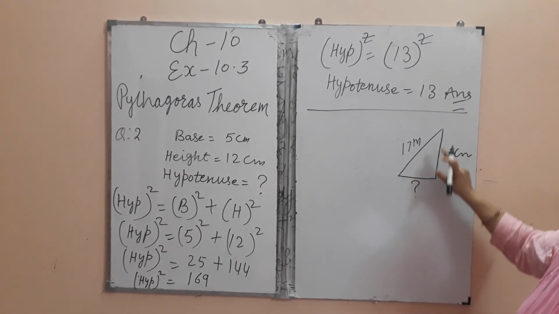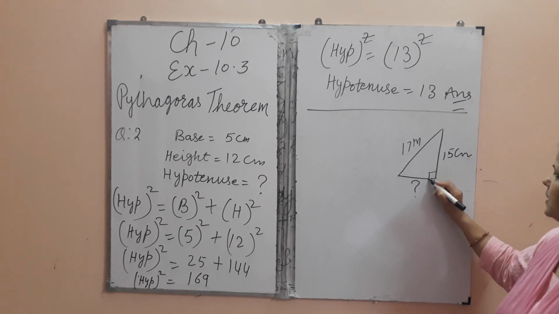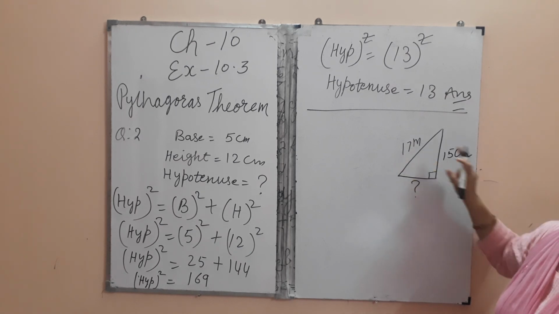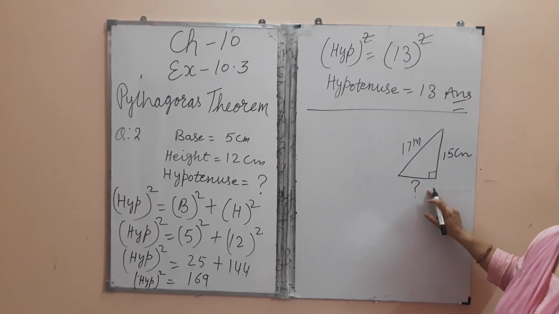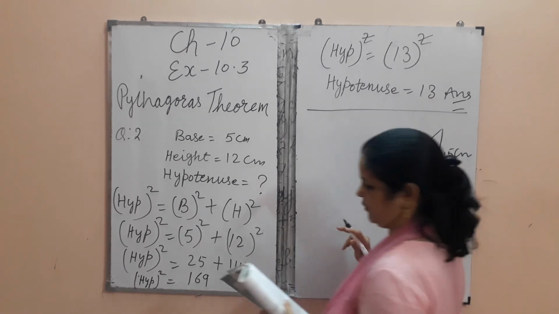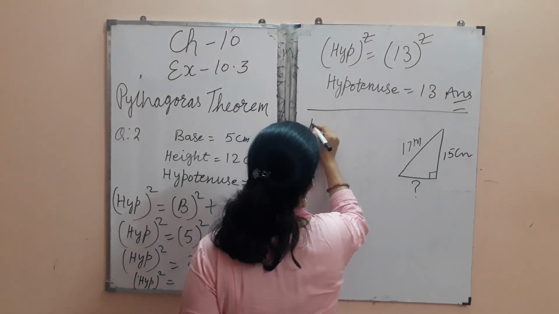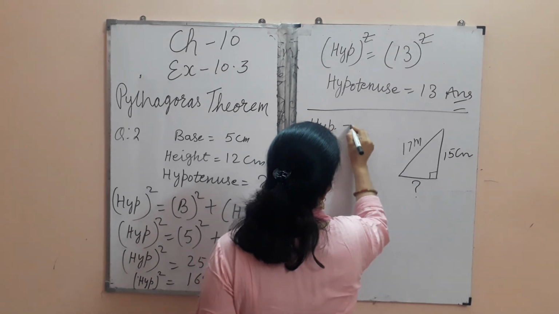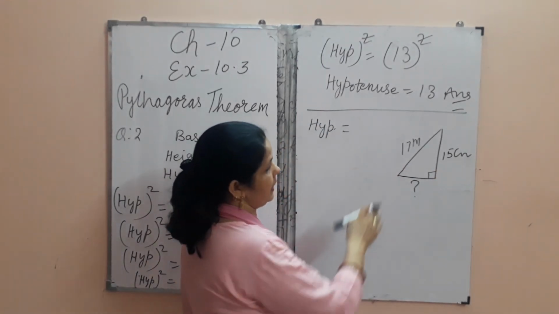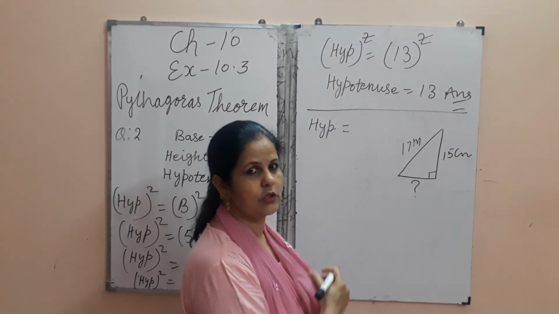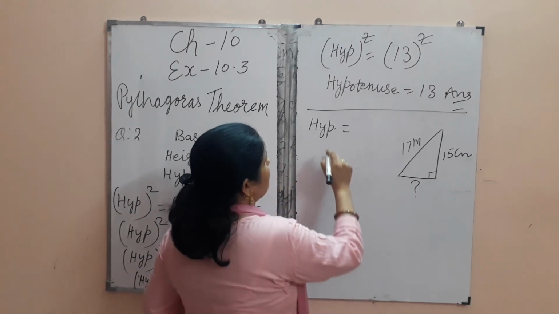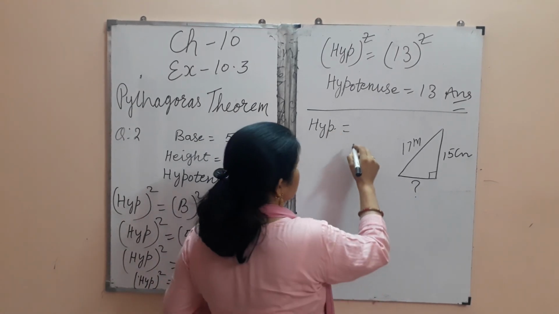Base we have to find out. This is hypotenuse, this is a right angle triangle. This is height. And this is base. So we will write here hypotenuse. This diagram you have to draw. In these type of questions you have to draw the diagram so that you can understand the concept.